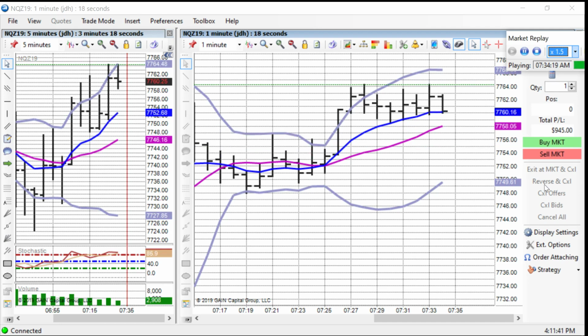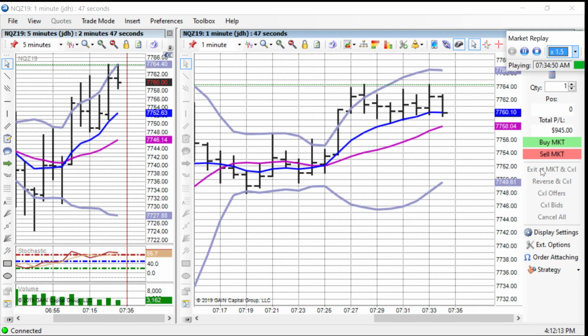What this reverse and cancel button does is, let's say you're long one contract, it'll actually sell two contracts to take you out of the first one, and so now you're short one contract. So that's what that's doing, and in the time it takes to do that, it can have some slippage on you.